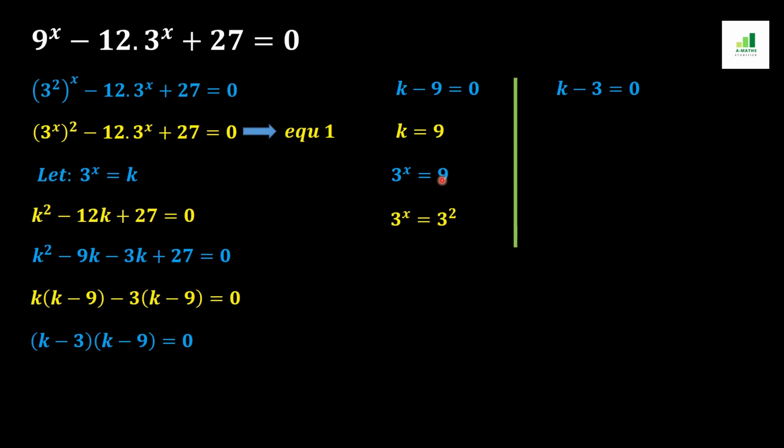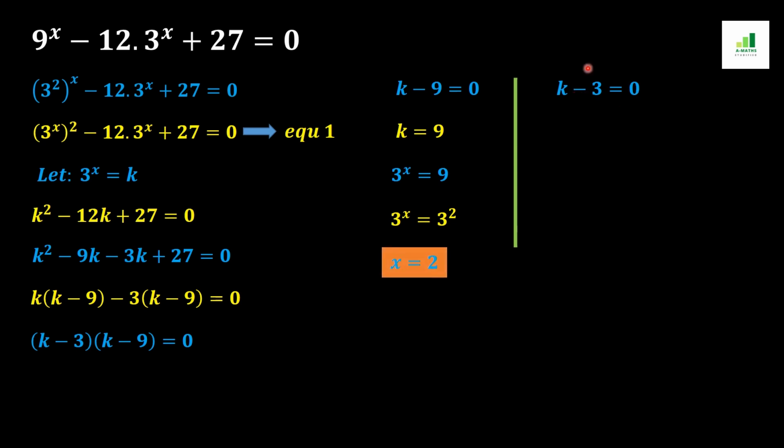Now this 9 can be written as 3 square, and as we know from the basic rule of algebra, if two values have the same base and their powers are equal, then their bases are equal, their powers will also be equal. So here we get the first value for x, which is x equals 2, and this is the first value of x for this expression.